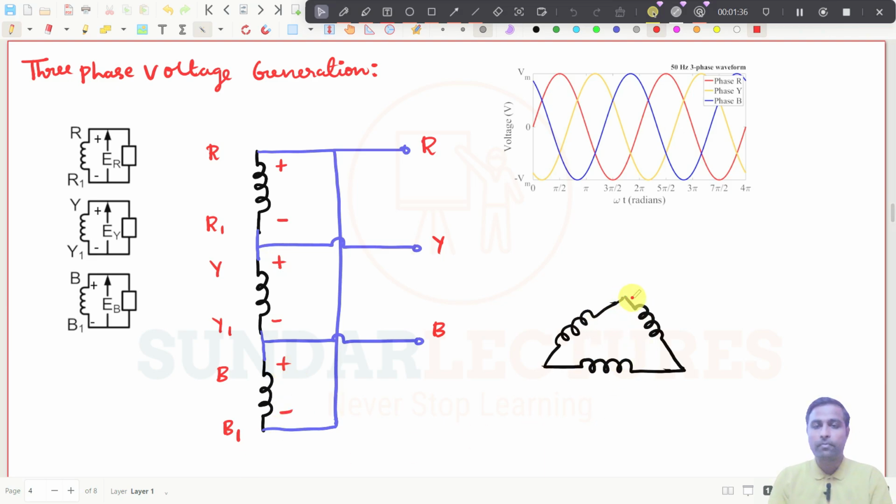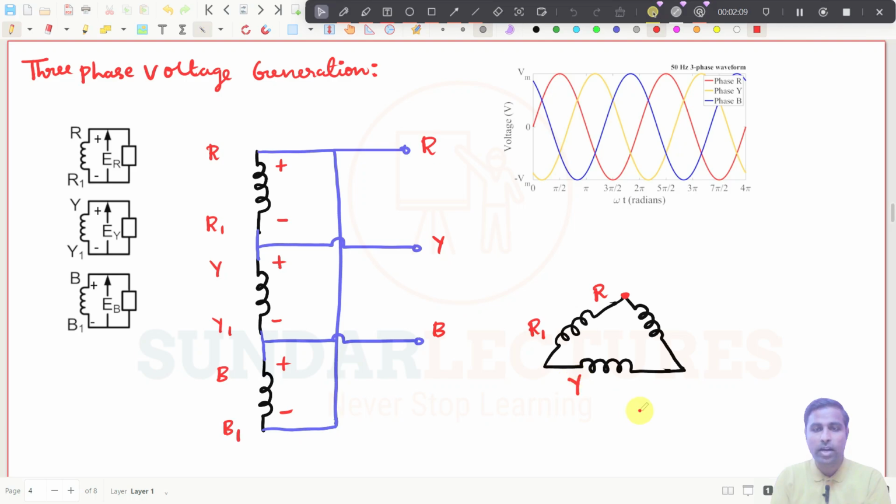And now you see this point, this has to be taken as R, and this has to be taken as R1. This R1 is connected to where? This R1 is connected to Y, and this should be Y1. And this Y1 is connected to where? B, right? We will change this, one minute. This is R1, and this R1 is connected here.